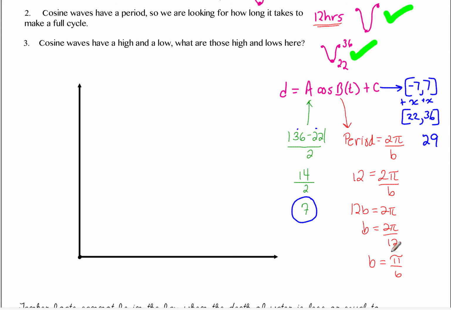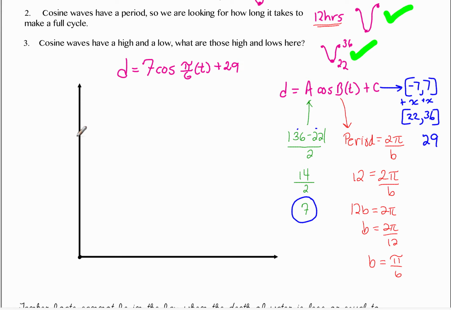So there. If I were to write the equation now, this is what I would get. The depth in this bay is the equation: 7 is the amplitude. We already know it's a cosine wave. We figured out its frequency was pi over 6 based on time, and that it was shifted by 29.